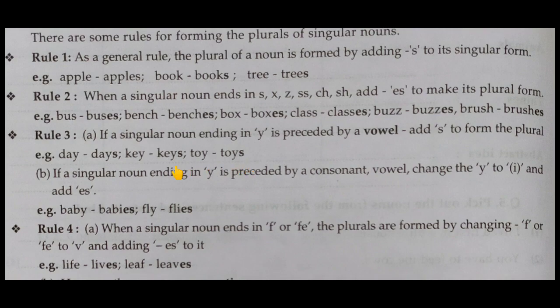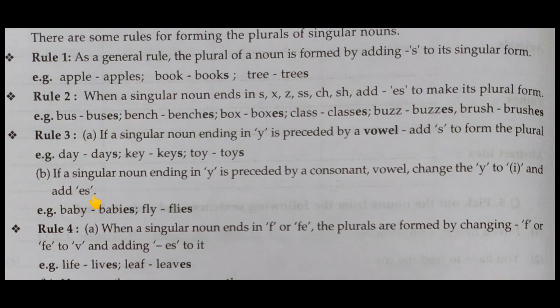okay. And the second rule in that is, if a singular noun ending in y is preceded by a consonant, change the y to i and add es. Okay, that means in the first rule what we have seen is the singular noun ending with y and preceded by a vowel.